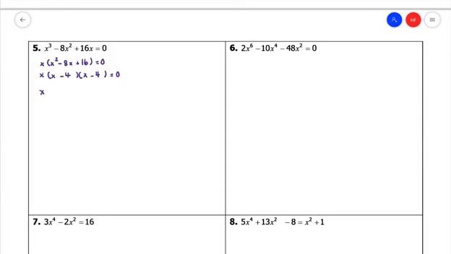So then we take each one, set it equal to 0. We have the same one again. And anytime you have something more than once, then it has a multiplicity. So we have x equals 0 and 4 with multiplicity of 2.